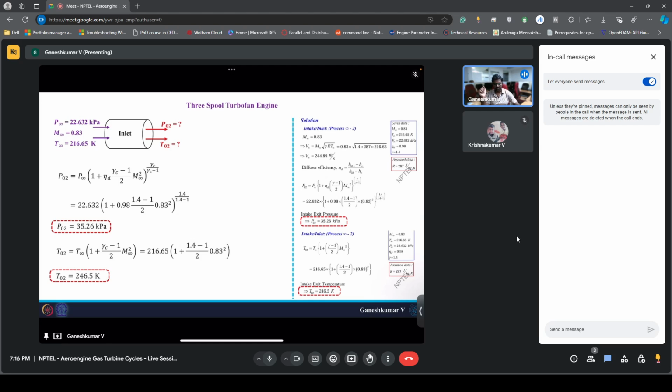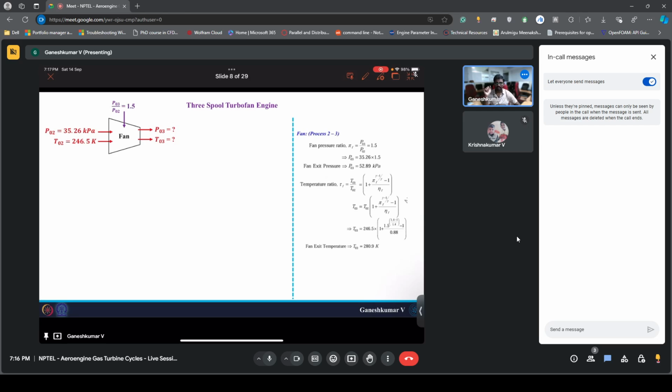The next component is the fan, and the fan pressure ratio is 1.5. The inlet pressure is 35.26 kilopascal. From there you can find the fan exit pressure, which will be 1.5 times 35.26, which is 52.89 kilopascal.